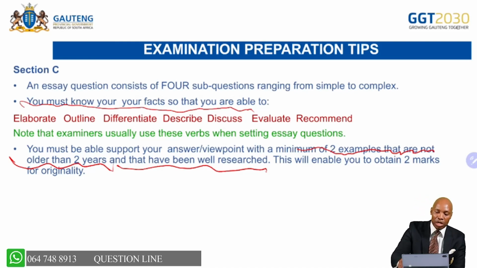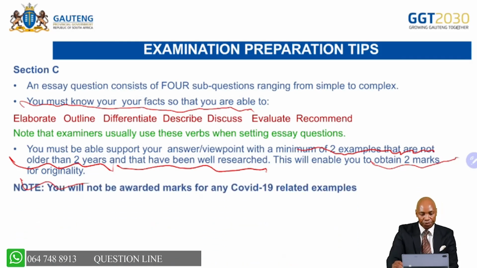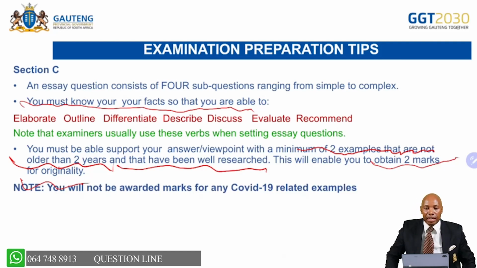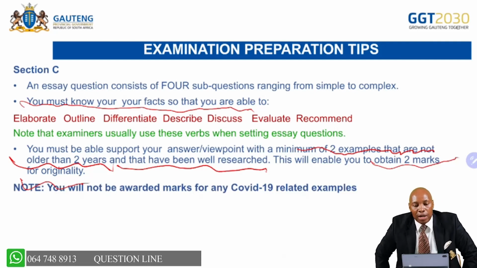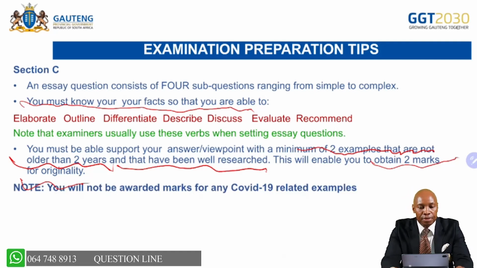If you come up with an example where you express your viewpoint, you will obtain 2 marks for originality. And please note, you will not be awarded marks for any COVID-19 related example. Candidates, I'm repeating again, you may not be awarded marks for any COVID-19 related example.